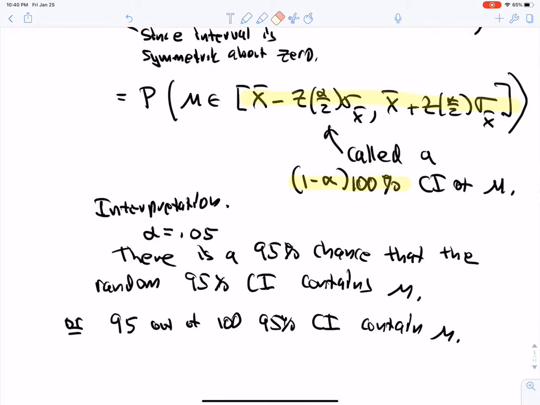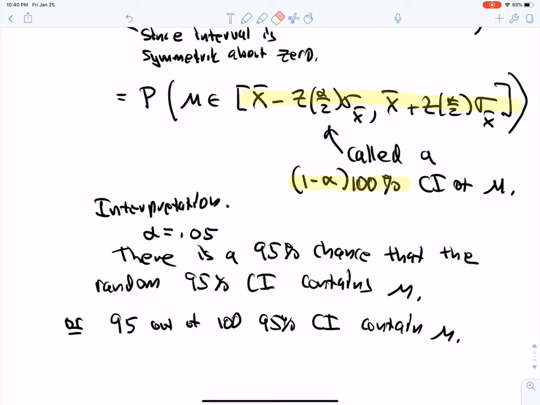What is important is understanding what this means. For example, if alpha is 0.05, there's a 95% chance that the random interval, the 95% confidence interval, contains mu. Make sure you understand that this interval is random and mu is a fixed constant, so the variability is with the interval.